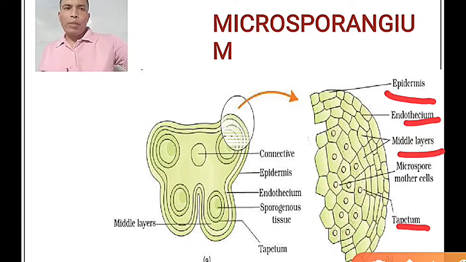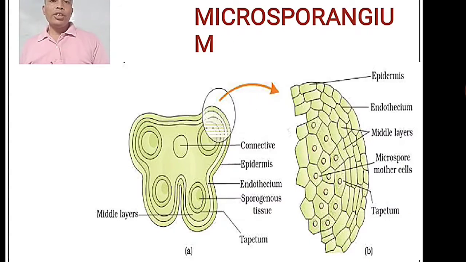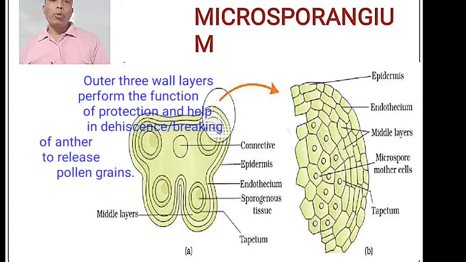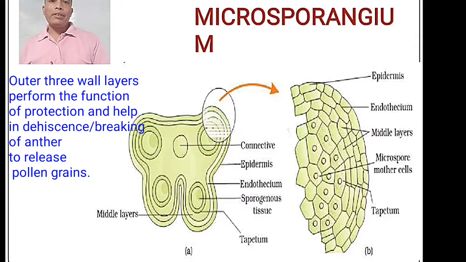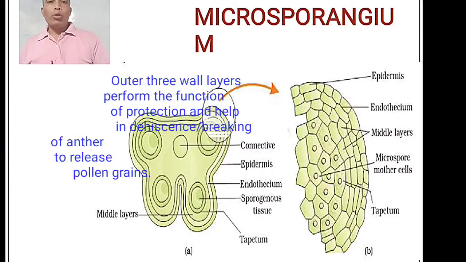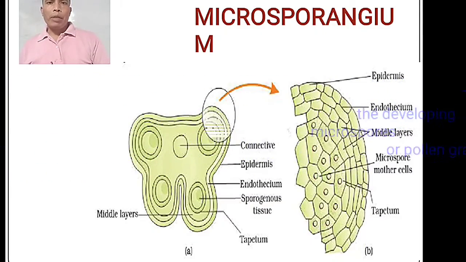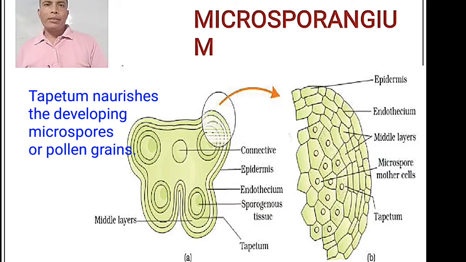Endothecium is next to epidermis. The outer 3 wall layers perform the function of protection and help in dehiscence of the anther to release pollen grains. Tapetum, the innermost wall, nourishes the developing microspores or pollen grains.